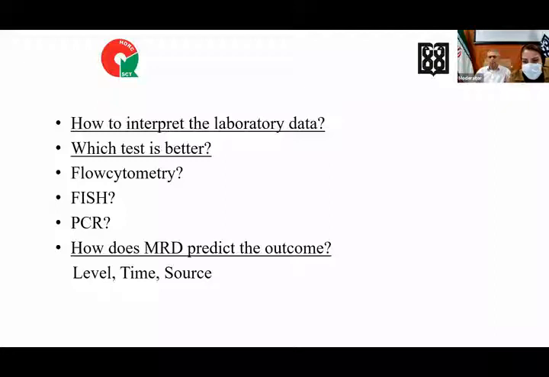Because as I remember, you presented something from MD Anderson that some patients who are flow negative were FISH positive, and by imaging you showed that this positive FISH result was in differentiated cells that cannot predict relapse. So I would like to know whether these multimodality techniques help better predict the outcome or not.